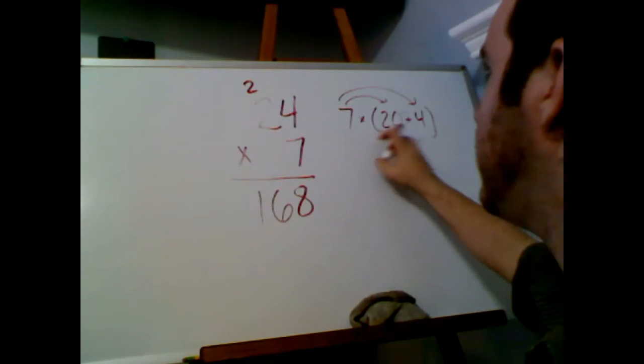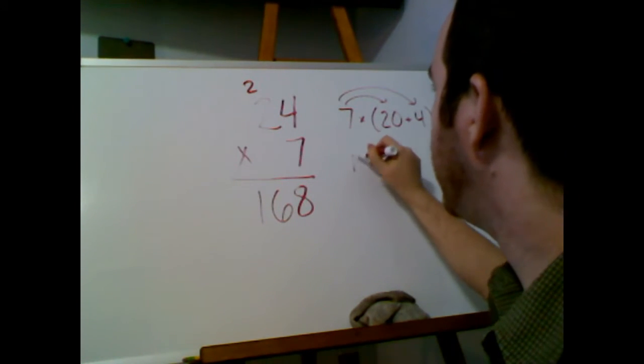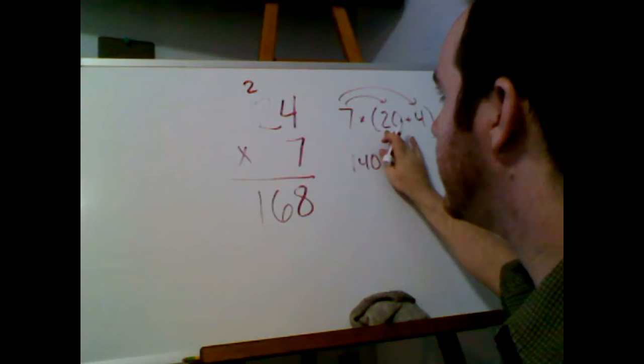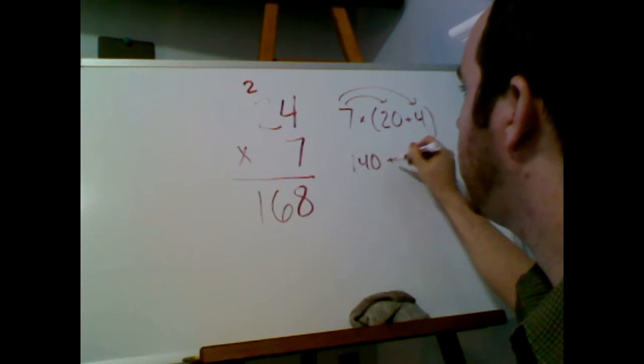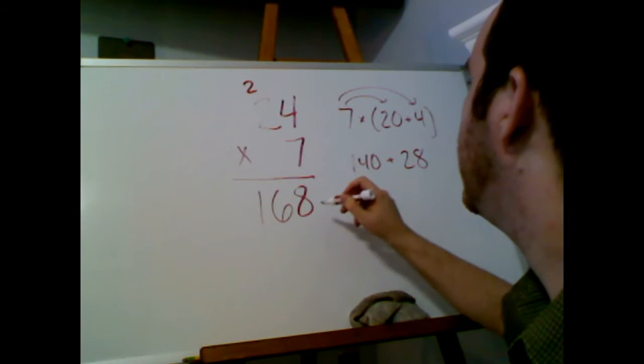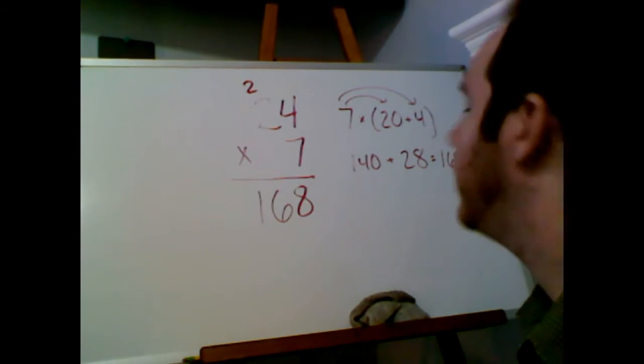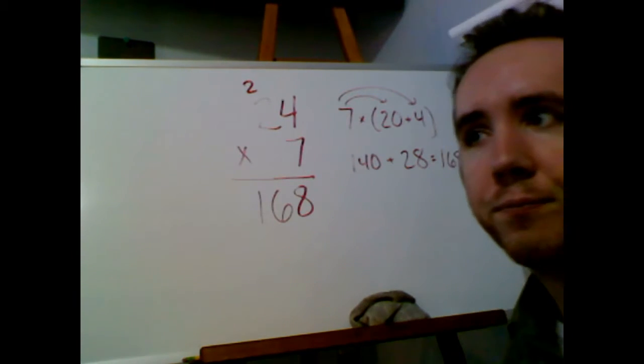You can do 7 times 20 and 7 times 4. We get 140, which is 7 times 20, plus 7 times 4, which is 28. And so we get 168, which is our answer.